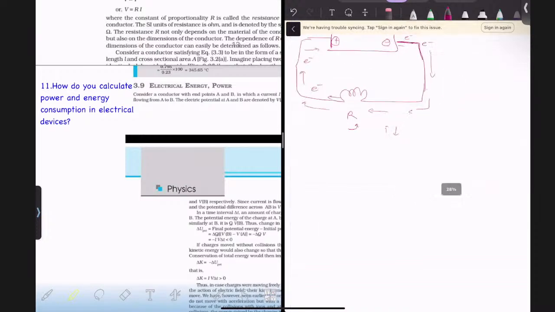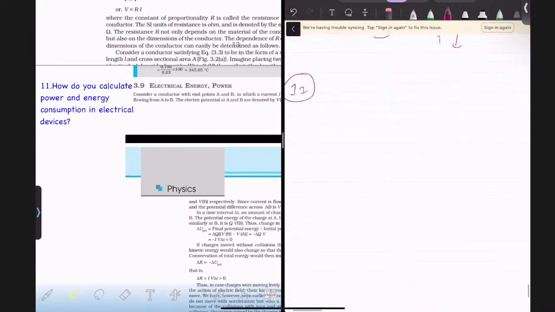So moving to the next example, how do you calculate power and energy consumption in an electrical device? If this is an electrical device with resistance R, you have given a power supply, and current I is flowing. There are some formulas you need to remember.